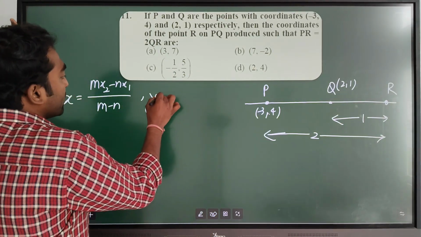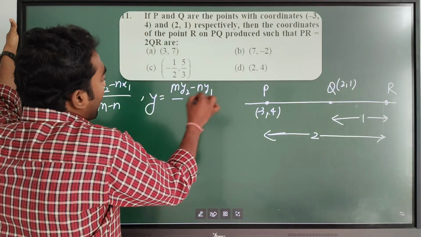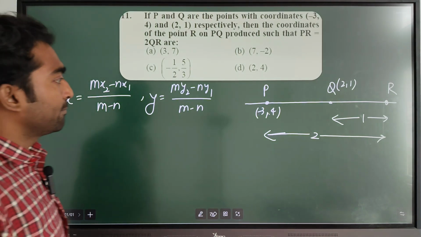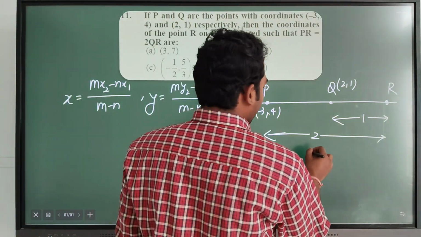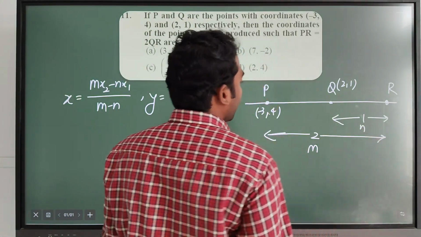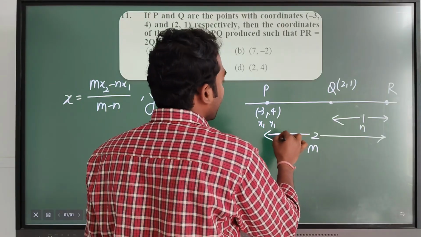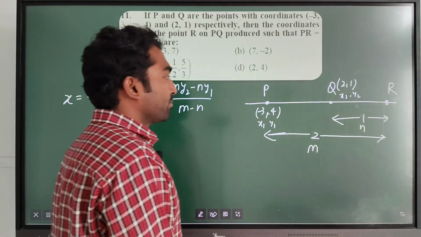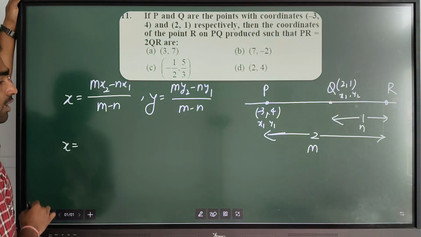Similarly, y is equal to (m y2 minus n y1) divided by (m minus n). Here, this one will be m, and this is n, and here this is x1, y1 and x2, y2. Okay, so x is equal to what?